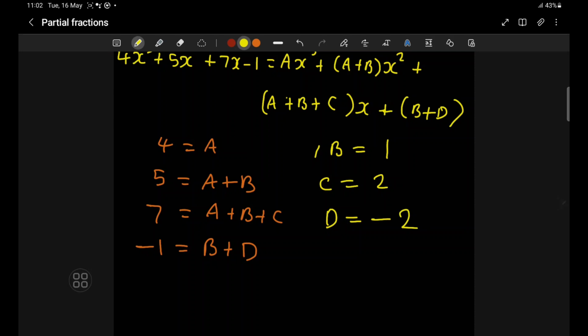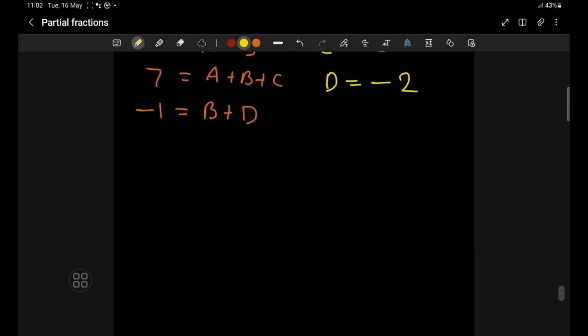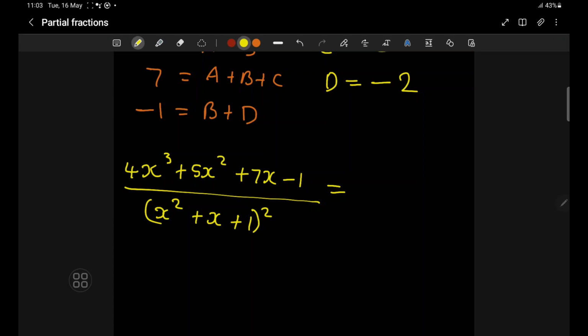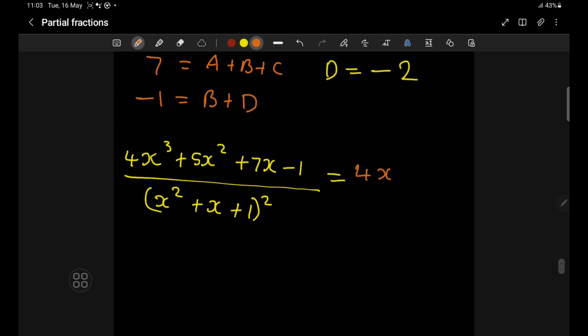So these are our values, and we can replace them in our expression. So we had ax plus b. So our a, we've said it's 4. So we'll have 4x. Then our b is 1. So 4x plus 1 over the expression, which is x squared plus x plus 1.